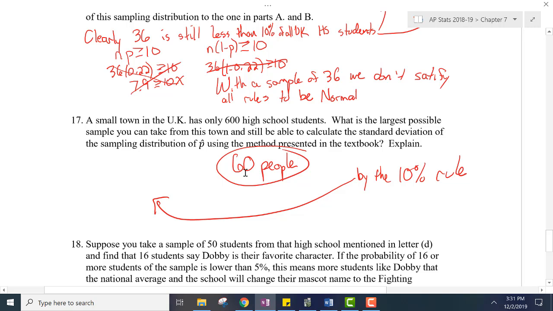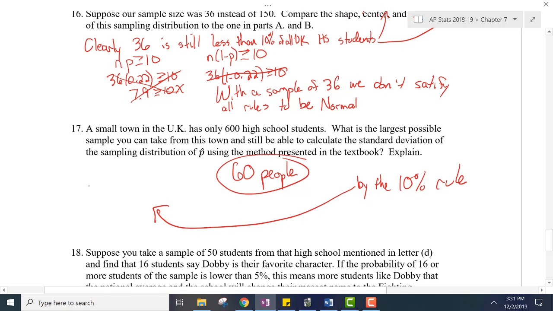A small town in the UK has only 600 high school students. What is the largest possible sample you can take from this town and still be able to calculate the standard deviation of the sampling distribution of p-hat using the method presented in the book? It's just talking about the 10% rule. It's saying that we have to have n less than or equal to 10% of 600.